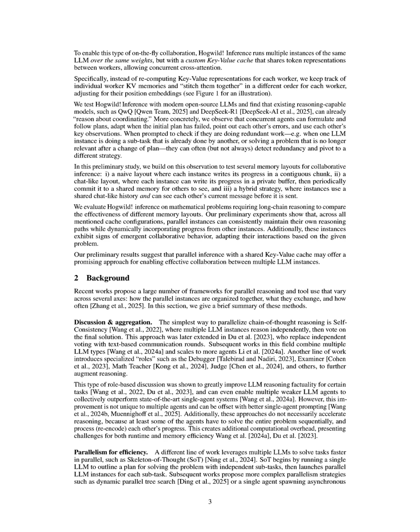Lastly, the method demonstrates emergent collaborative behavior, allowing LLMs to detect redundancy and pivot strategies, which is not typically achievable with traditional approaches that rely on independent or strictly role-based interactions.